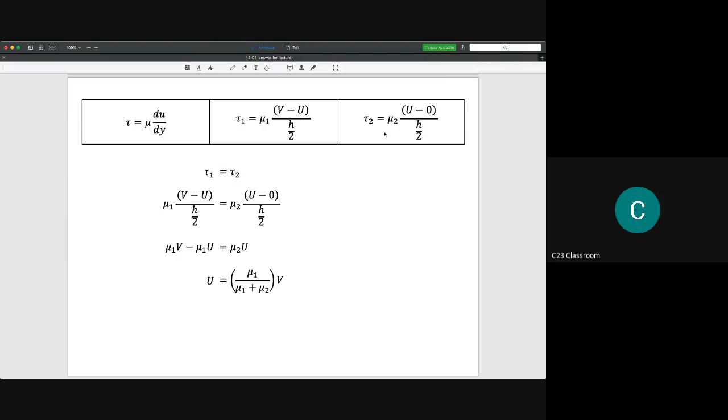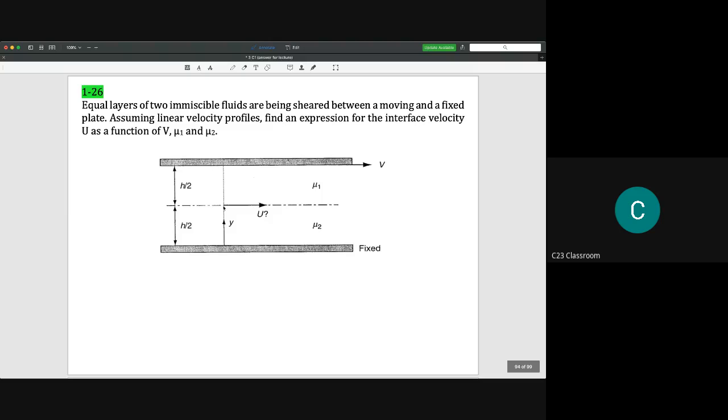Here I think you could understand that for the top situation, because the velocity difference is V minus u, we use du as V minus u, but for the bottom situation, the difference is u minus 0.